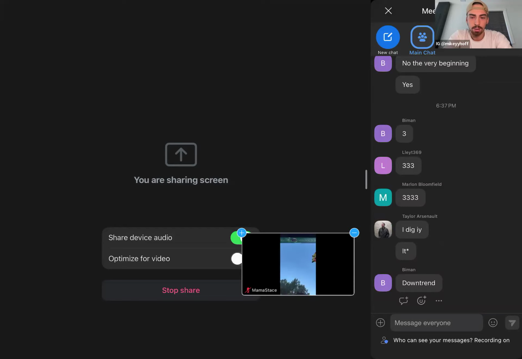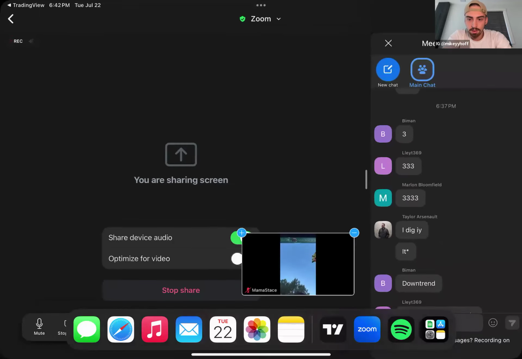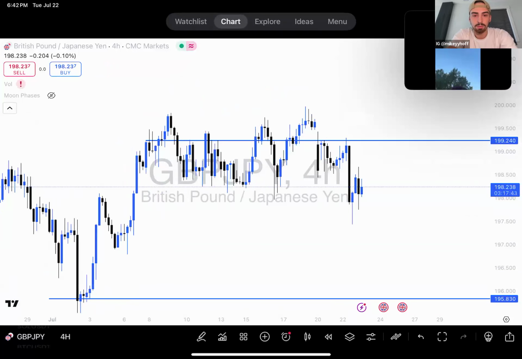Does anybody think it's in an uptrend? Downtrend. Everybody's saying downtrend. All right, so this is on the 4 hour time frame chart, and we are in fact in a downtrend on this chart.